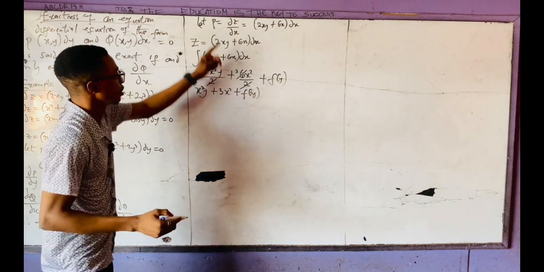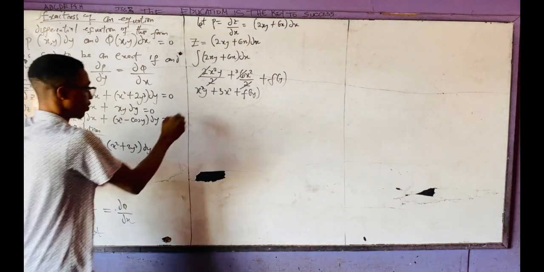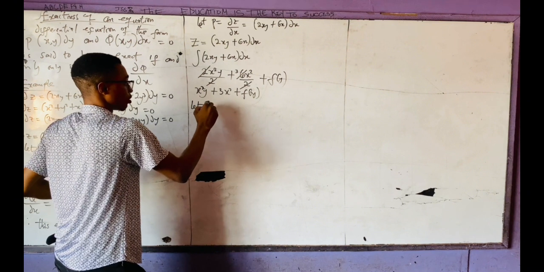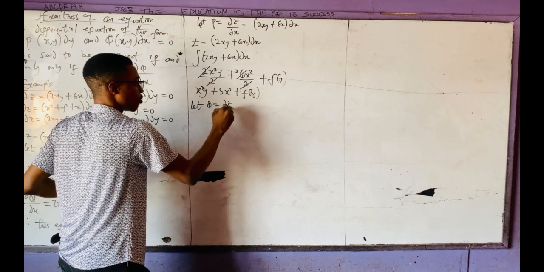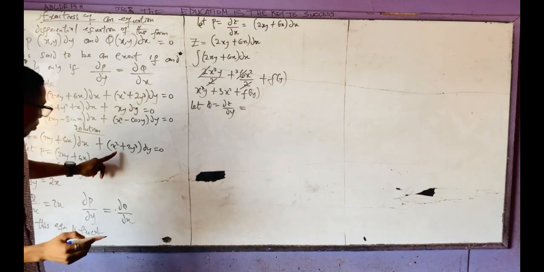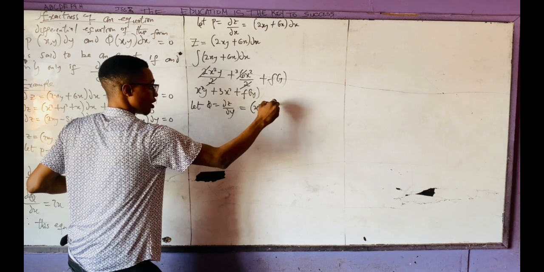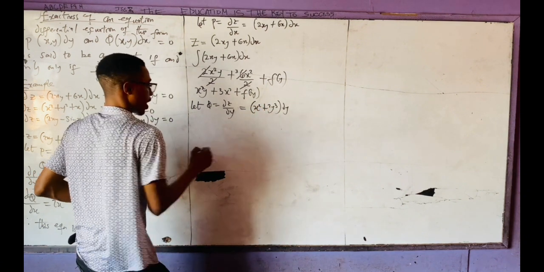Now we need to do what we've done here to the other part as well, which is q. So we let q equals dz over dy, which is equal to (x squared plus 2y raised to power 3) dy.